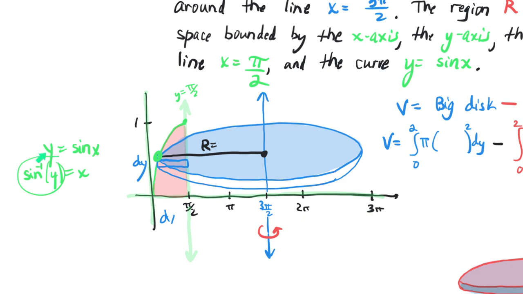So if our green curve's function is y equals sine of x, we need to know the x value right there because we're measuring horizontal values. And so the x value is the arcsine of y. So our radius will be the bigger x value minus the smaller x value: 3 pi over 2 minus the x value of any point here, arcsine of y. And we just put that in for the radius of our big disk.